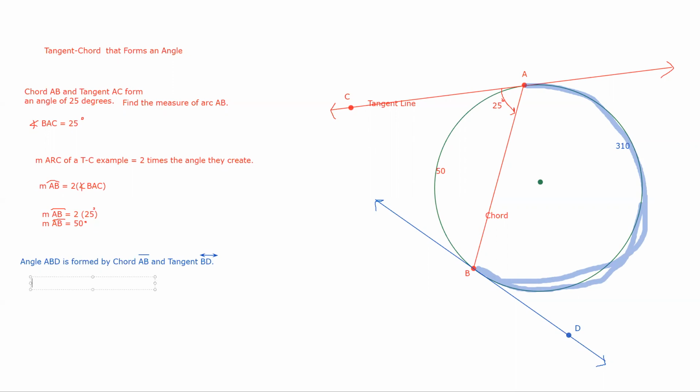So the measure of arc AB equals 310 degrees. Find the measure of angle ABD.